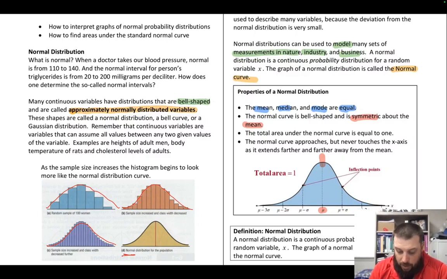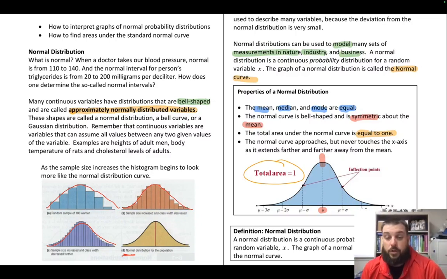Then the total area under the curve is important. It's equal to 1. When we add up all those areas, that's how we can find the probability, because 1 as a percentage turns into 100%. So 100% of all outcomes can be determined under this normal distribution.